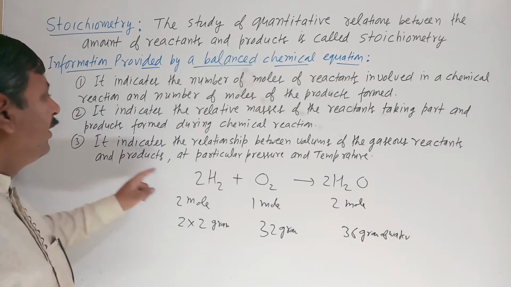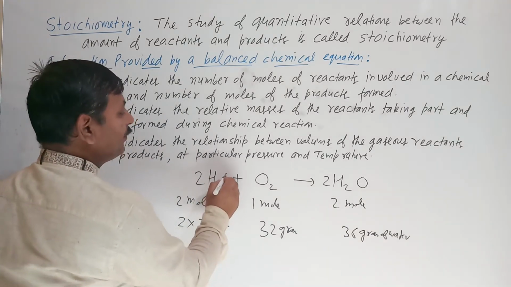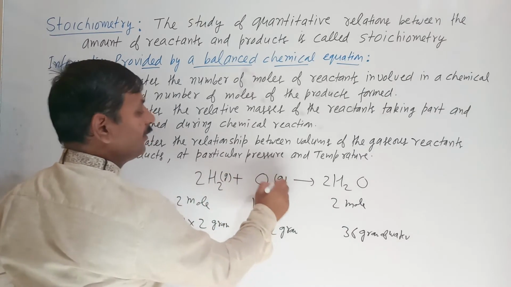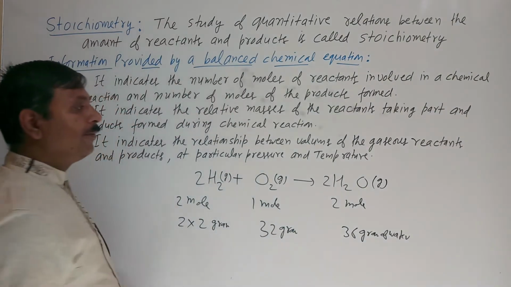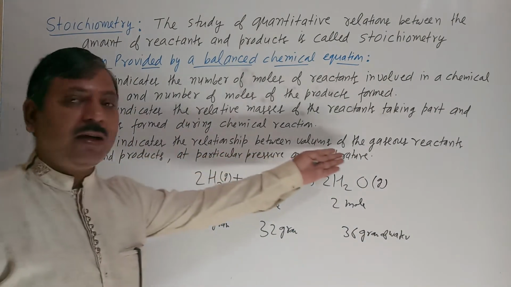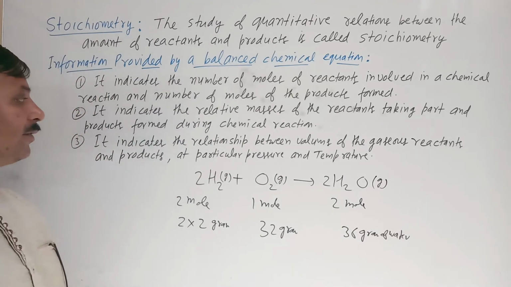One more thing, suppose hydrogen is in gaseous form, oxygen is also in gaseous form, and the water vapor formed is also gaseous. We can also find the relation between volumes of gaseous reactants and products.